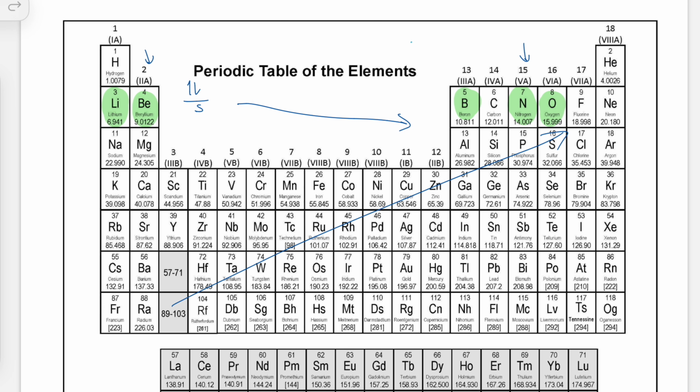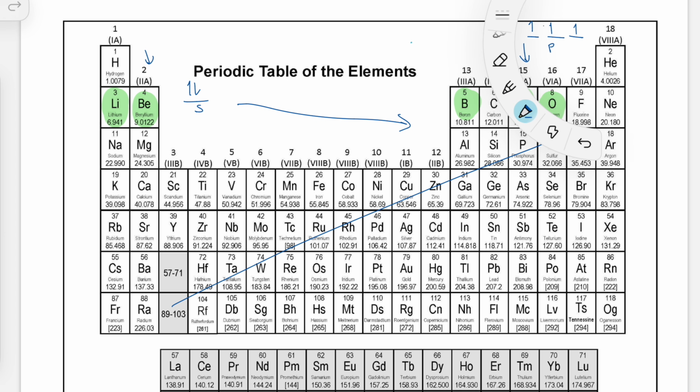And with nitrogen, it has a half-filled P subshell. And what occurs is nitrogen will actually have a higher first ionization energy than oxygen, even though it's to the left of oxygen, because it has that half-completed subshell, and it really does not want to lose it because it's more stable this way. So what happens is nitrogen and oxygen just do a little switch.